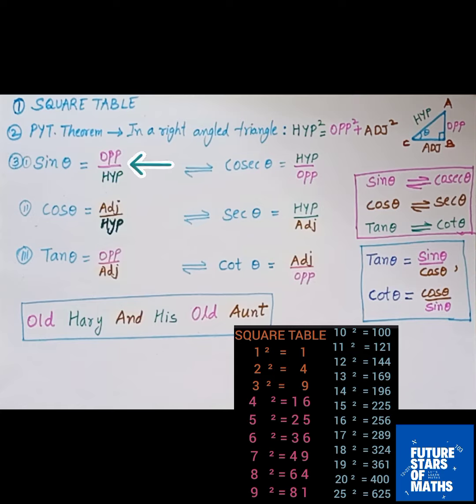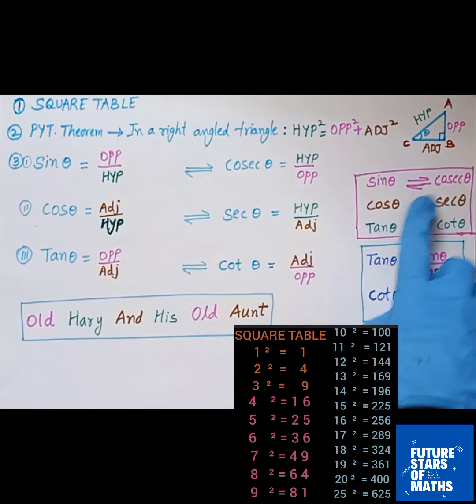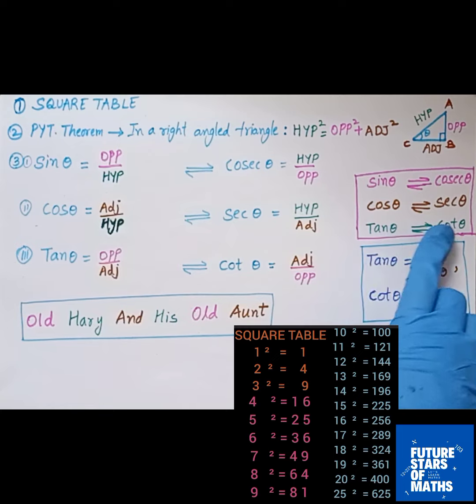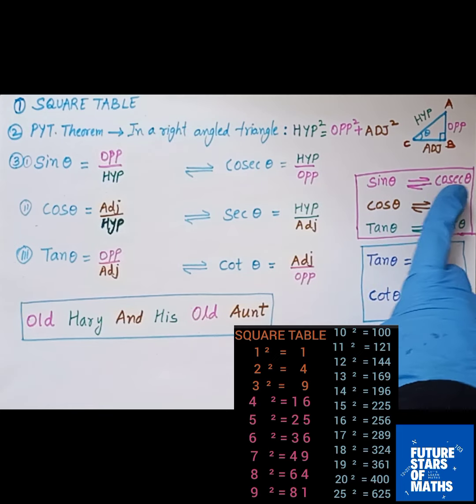Sin theta is equal to opposite by hypotenuse, cos theta equal to adjacent by hypotenuse, tan theta equal to opposite by adjacent. The inverse of sin theta is cosecant theta, the inverse of cos is secant, and tan is cot theta. That means they are inverses of each other.